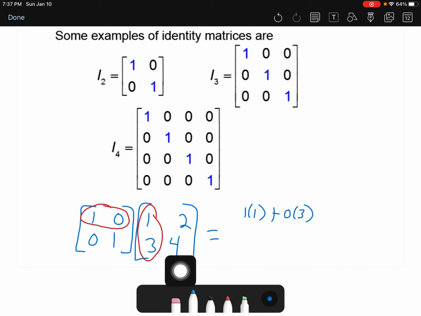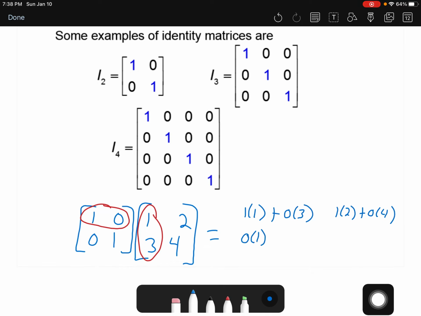Then I'd take this row times the second column, so that would be 1 times 2 plus 0 times 4. Then I drop down to the bottom row, 0 times 1 plus 1 times 3. And finally, bottom row and last column, 0 times 2 plus 1 times 4.